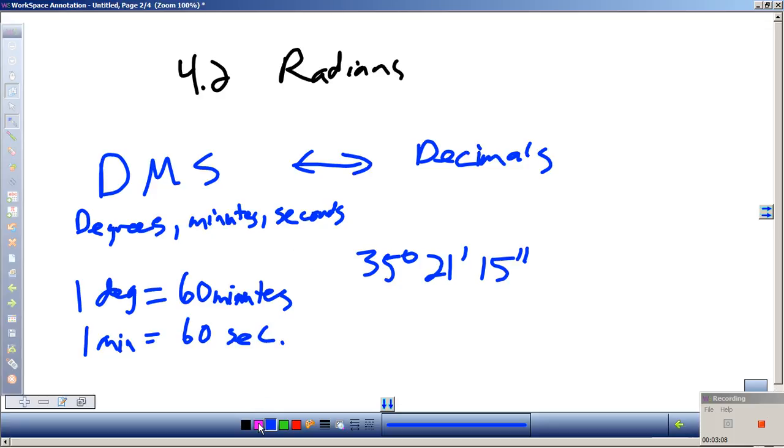First, how many whole degrees are there going to be? 35, good. What fraction of a degree is the minute? Each of them is 1/60th of a degree, if there's 60 minutes in a degree, so you can write this 35 plus 21 over 60. Does that make sense, where 21 came from and where 60 came from?